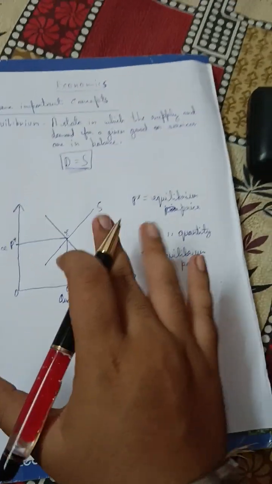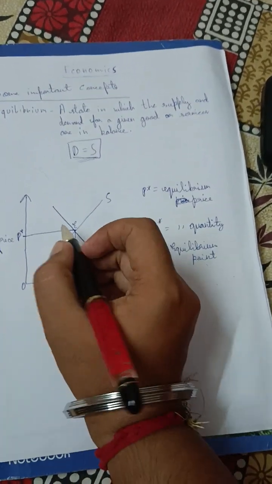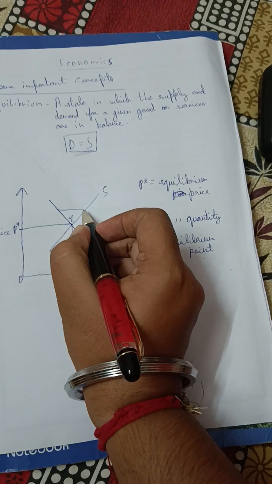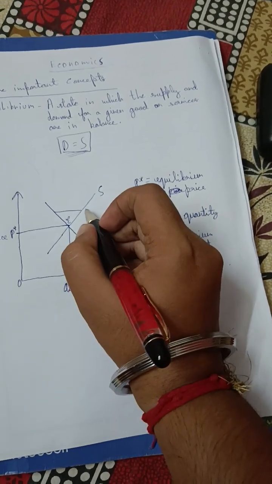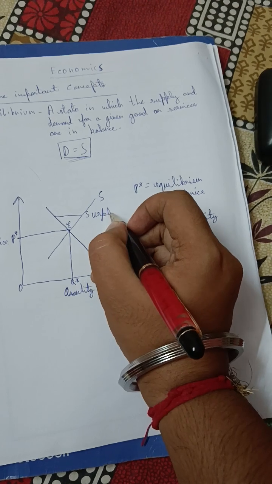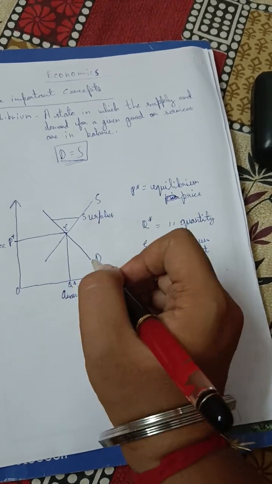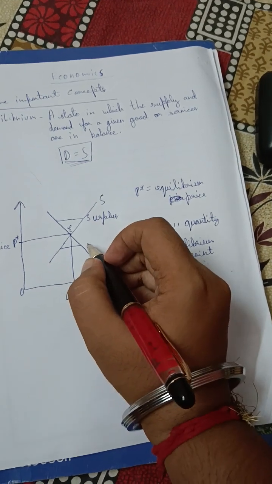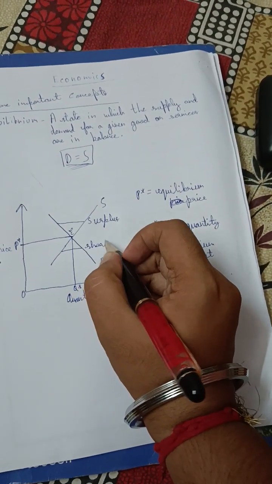And another concept regarding this equilibrium, a very easy thing: when the supply is more, the market will face a surplus of goods, and if in a market the demand is more, they will face a shortage.